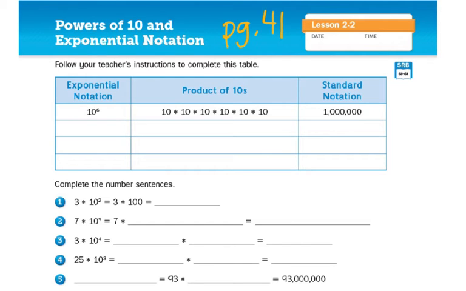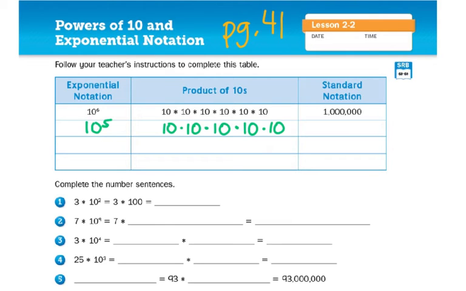All right, let's go ahead and fill out 10 to the 5th power. Notice my 5 is a little bit smaller and raised up. So we would call that 10 to the 5th power. That means taking 10 times 10. Remember that little dot also means to multiply. Times 10 times 10 times 10.